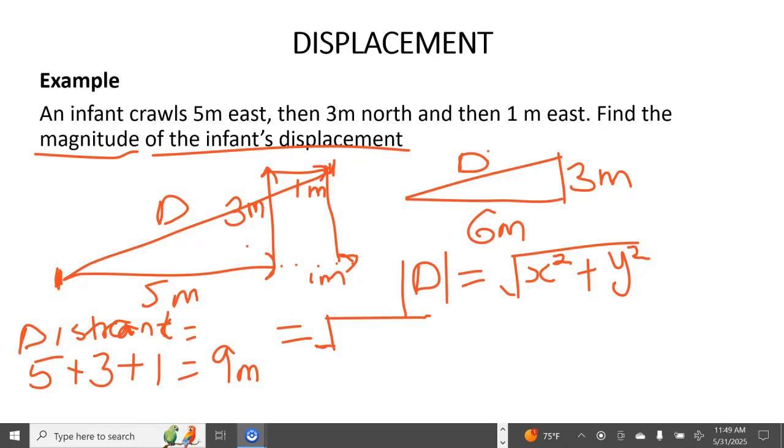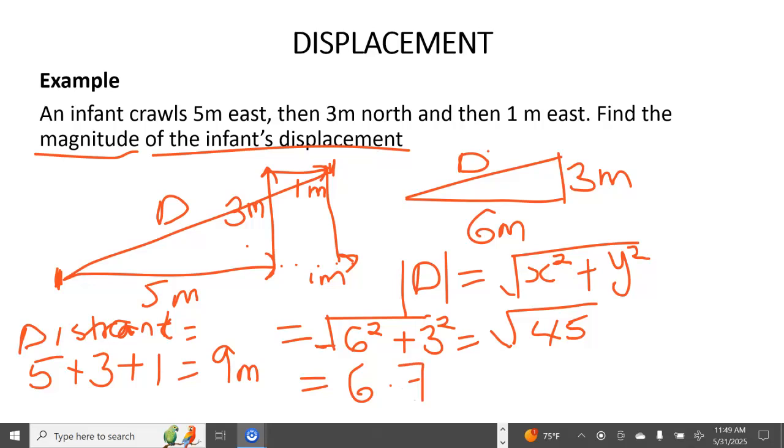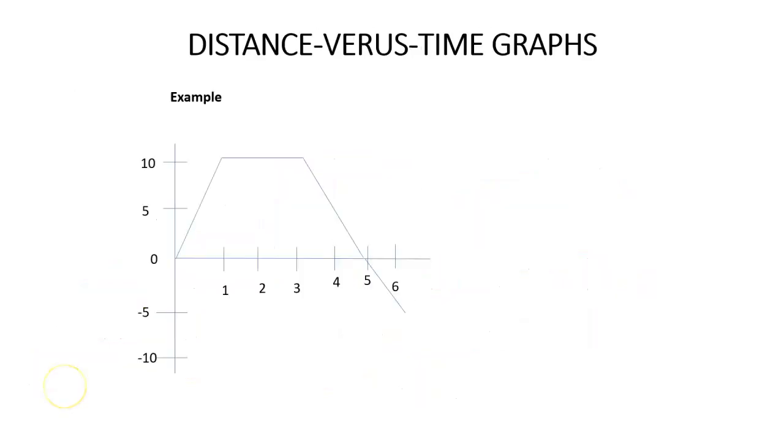The x is 6, so 6 squared plus 3 squared equals 36 plus 9, which is 45. So the square root of 45 will give us 6.7 meters. Therefore, the magnitude.